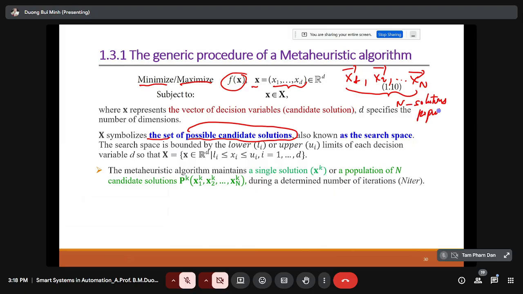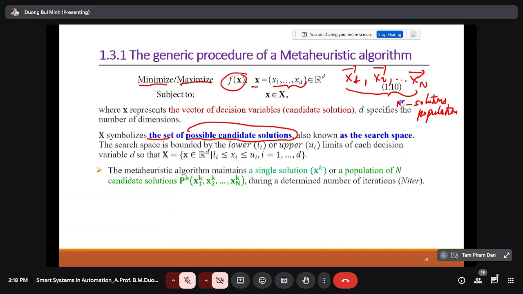That is the population, right? So how large a population do we set up? It depends. With a larger population, you can get the optimal solution and avoid getting trapped.